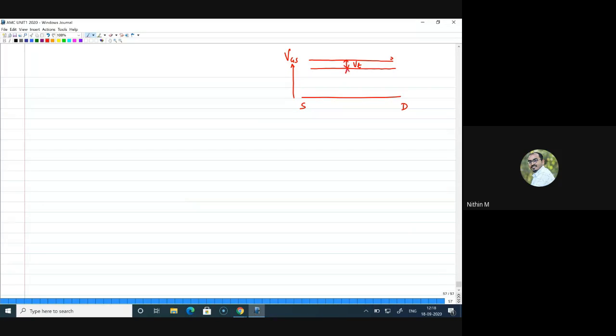So I will mark this as VGS minus VT, the total voltage being VGS, right? So I will write a point here: the effective voltage between gate and points in the channel.